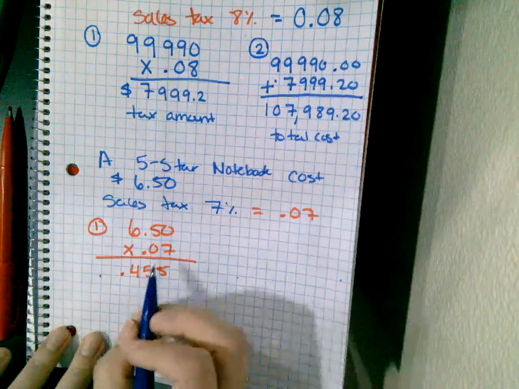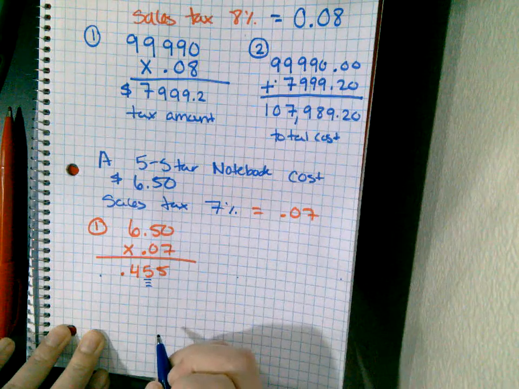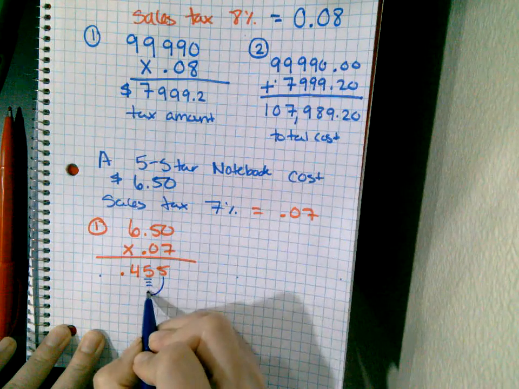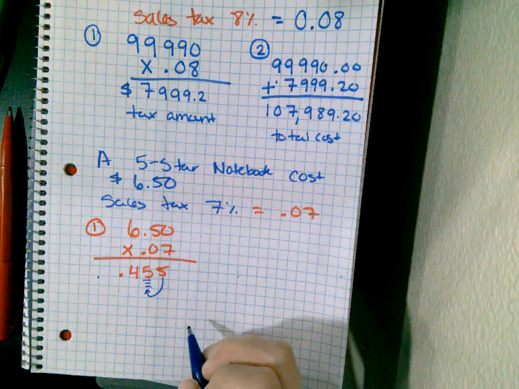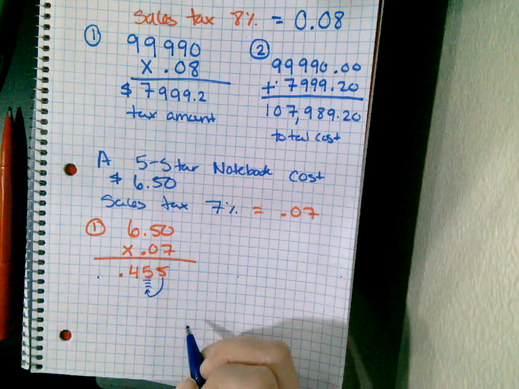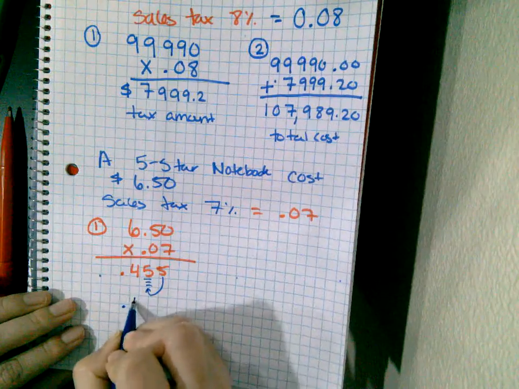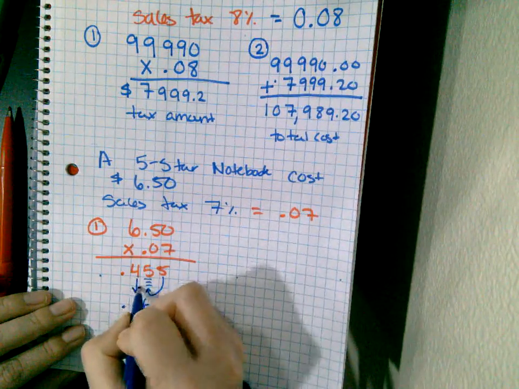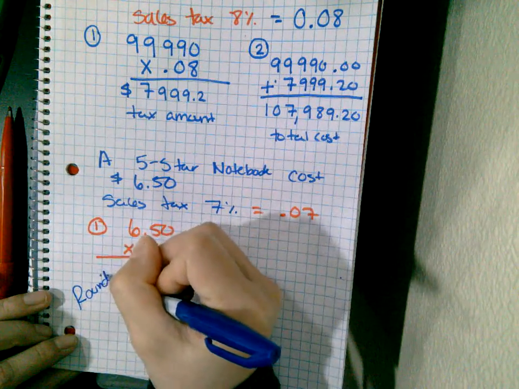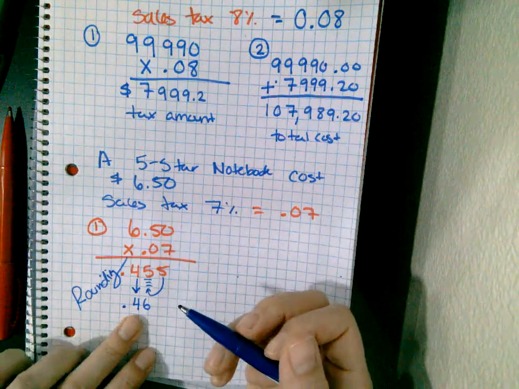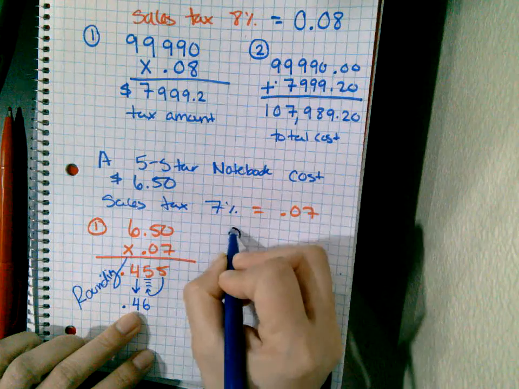We look at the number in the pennies place, 5. The 5 tells us to stay the same or go up? Go up. So we go up to 0.46. The 4 is just brought down, and the 6 goes up. This is called rounding.